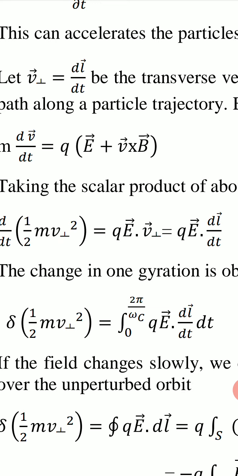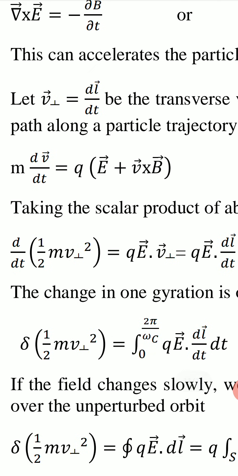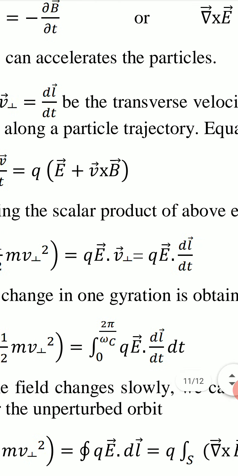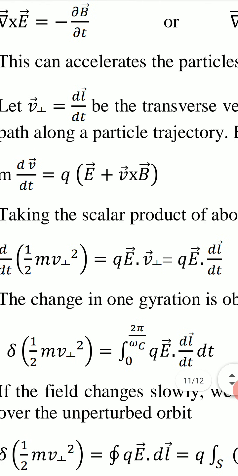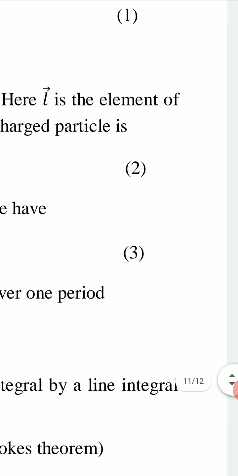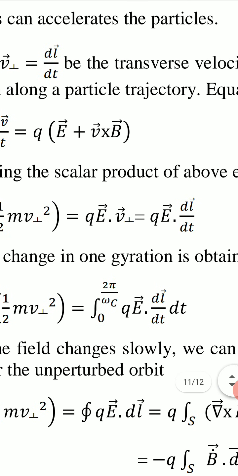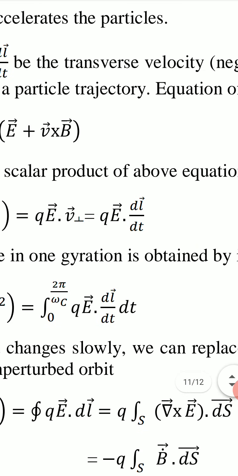This v perpendicular is the transverse velocity. We write it as dl upon dt, where dl is a small displacement in a small time interval dt. Displacement upon time, so v perpendicular vector is written as dl upon dt. Here l vector is the element of path along the particle trajectory.